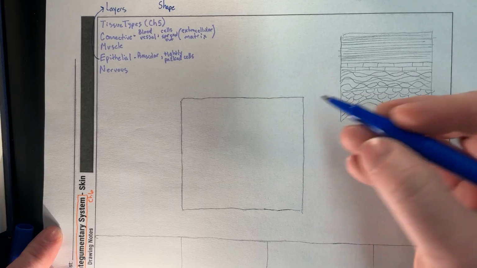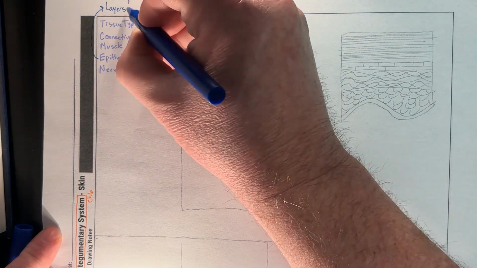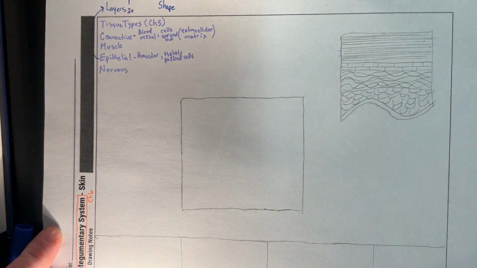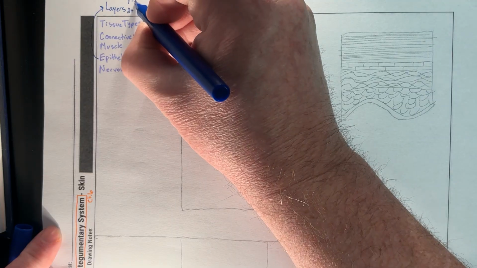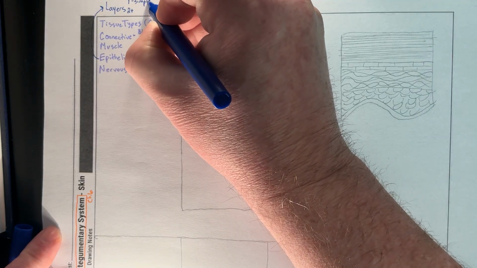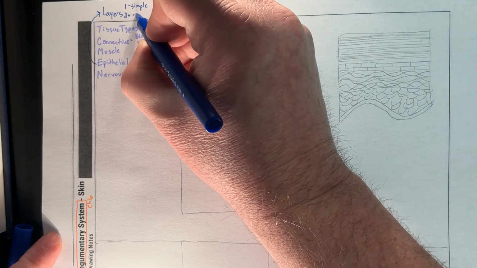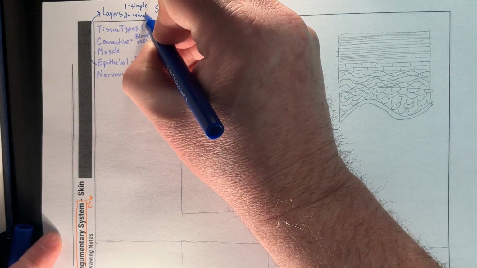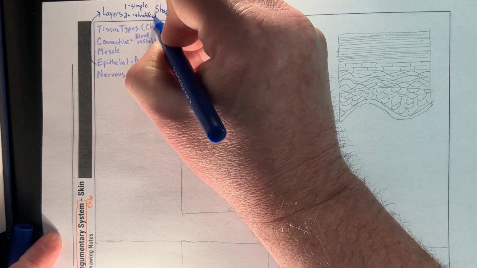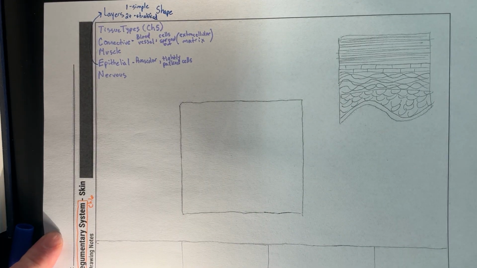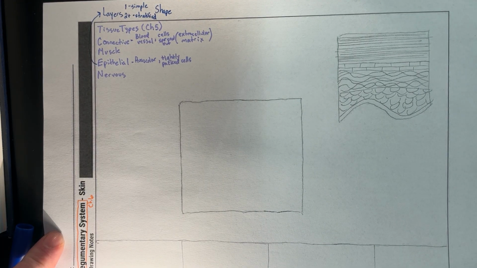So if epithelial tissue has 1 layer or 2 or more layers, there's a different name. For 1 layer, it's called a simple epithelial tissue, and for 2 or more layers, it's called a stratified epithelial tissue. And stratified literally just means layers, so strata are layers.